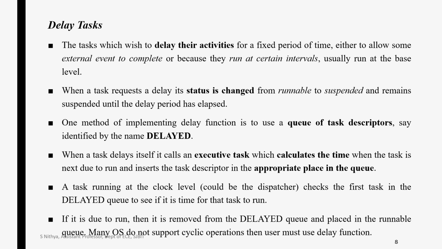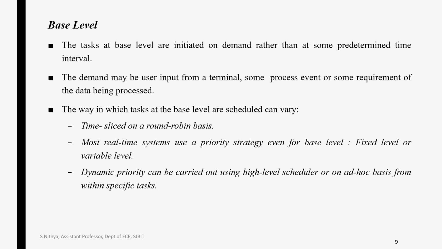So this is about the delay task, and the next is the base level priority. The third one is the base level, which is the low level priority. Tasks at the base level are initiated on demand rather than at predefined time intervals. The demand may be a user input from the terminal, some process events, or some requirement of the data being processed.